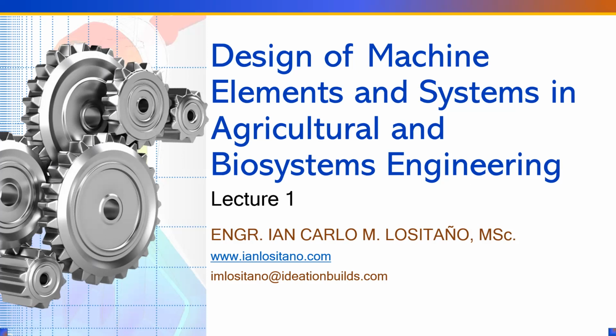All right, welcome to the course, Design of Machine Elements and Systems in Agricultural and Biosystems Engineering. This course is intended for the agricultural and biosystems engineering student who has had a fair background on kinematics of rigid bodies, from the statics and dynamics.